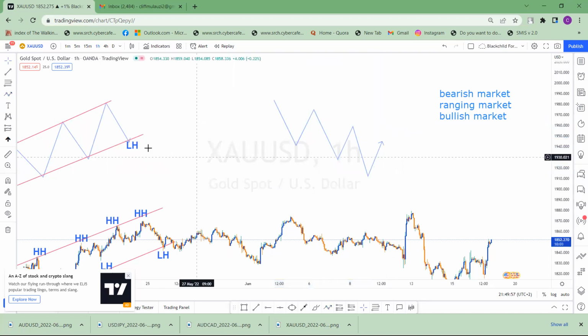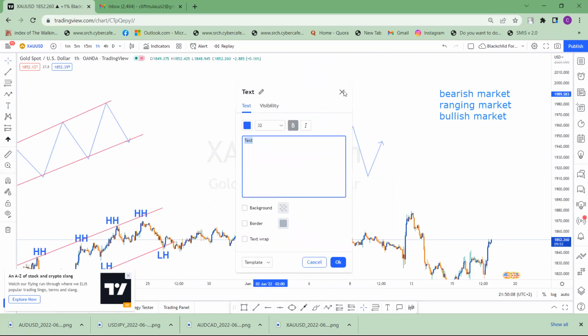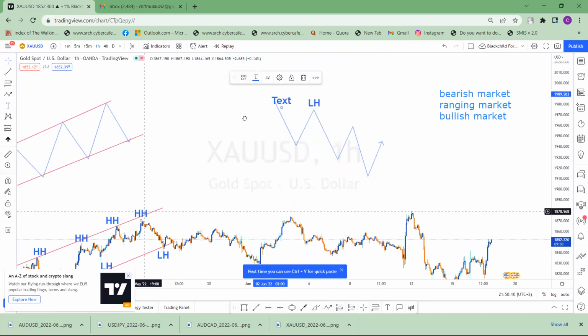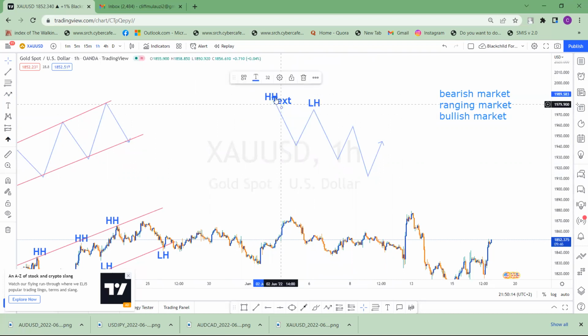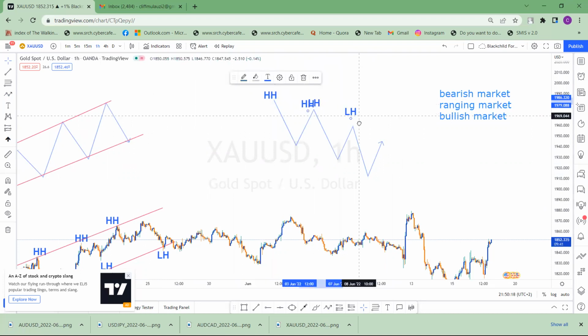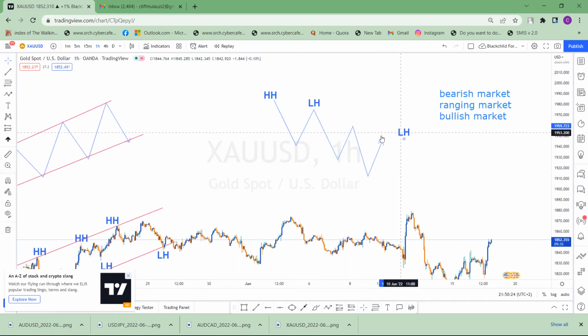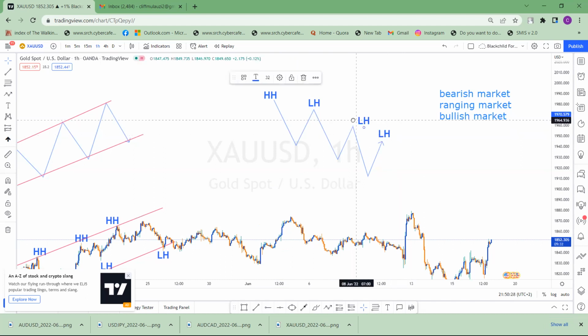In this case, you will have a higher high, a lower high, a lower high, and a lower high.